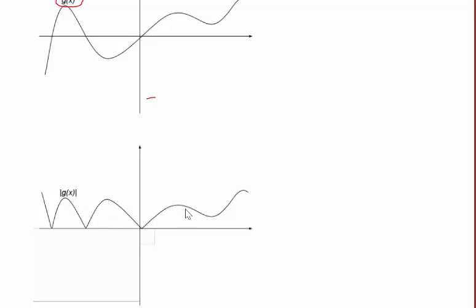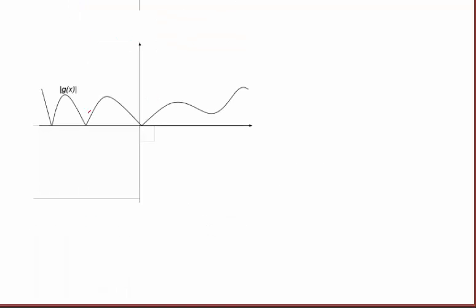Anything that was already in the positive stays positive. Anything that was negative comes up here. There aren't too many of these kind on there, but it's just something I wanted you to become aware of. Right, and that concludes our absolute value mini lesson.